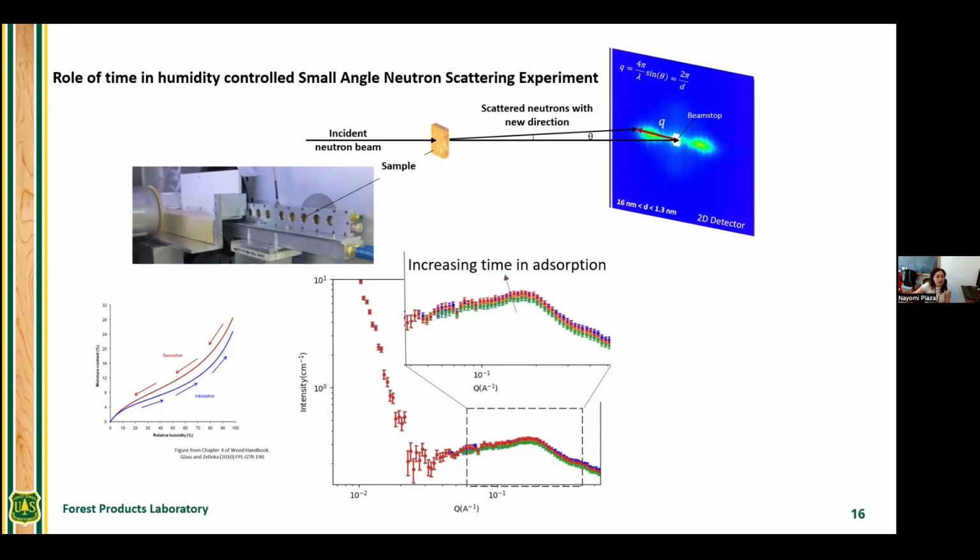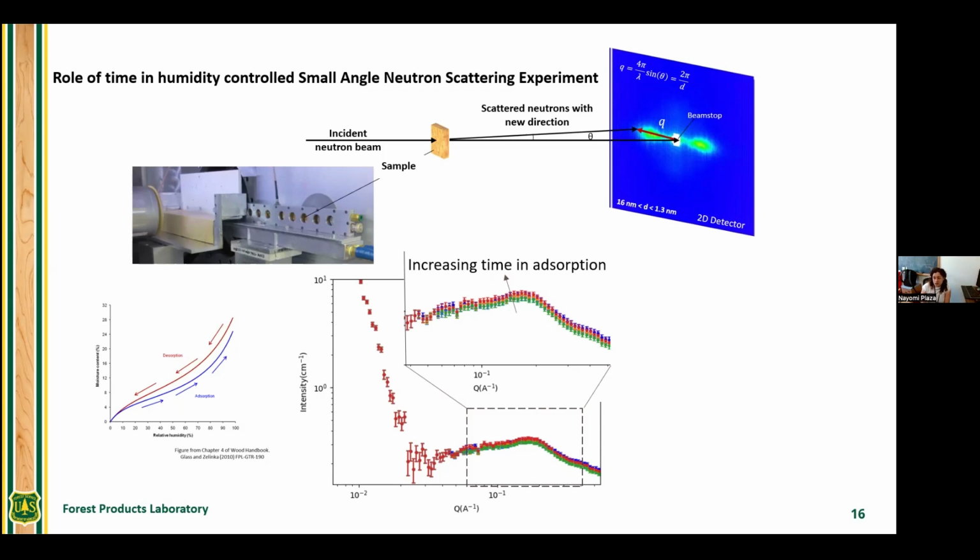So we looked at having our samples in a single one of the locations. Once we were able to start collecting shorter timescales, we were able to look at the role of time, so that we could start looking at how our sample was increasing in intensity as a function of time.